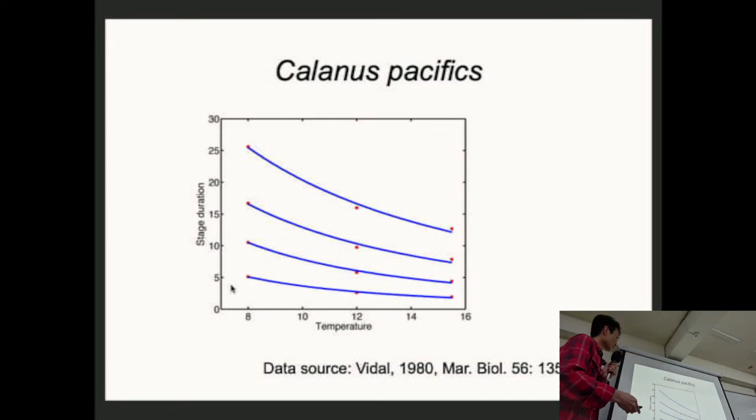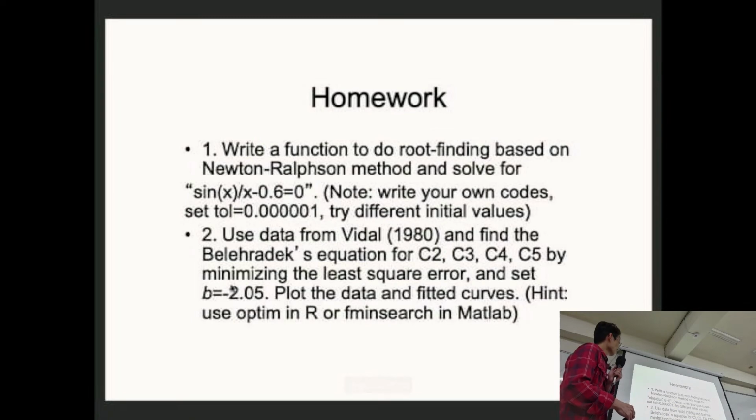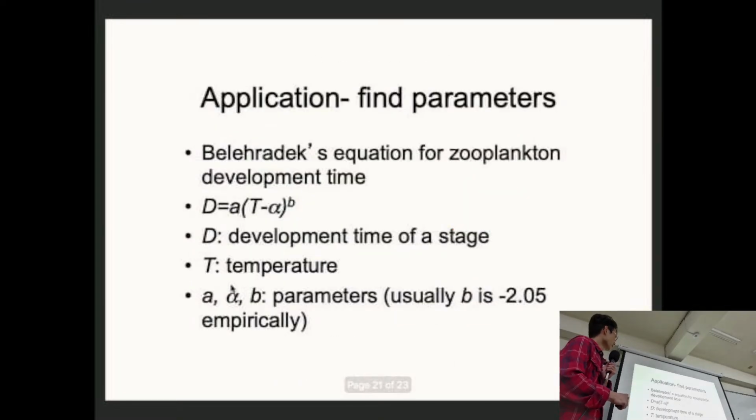We're going to fit the biological equations. That's the second homework. You are going to minimize the least square error, and to simplify the question, you set b to minus 2.05, and you're going to find a and alpha.